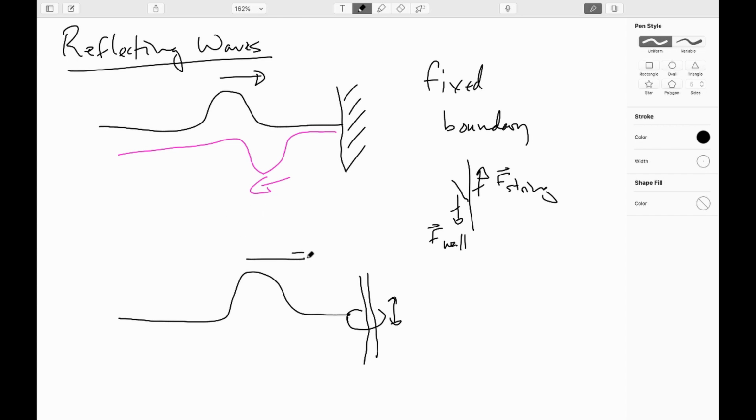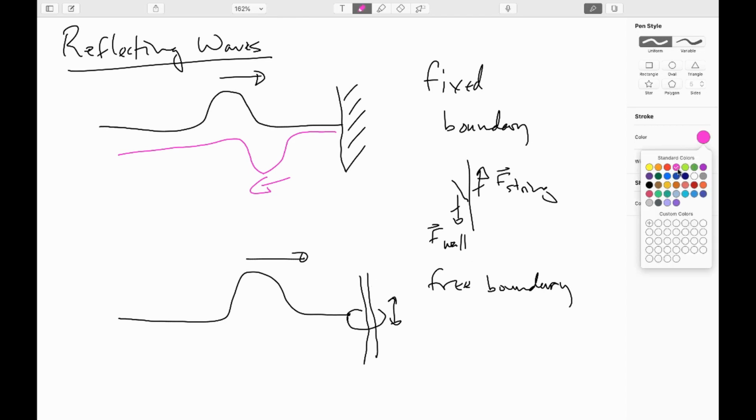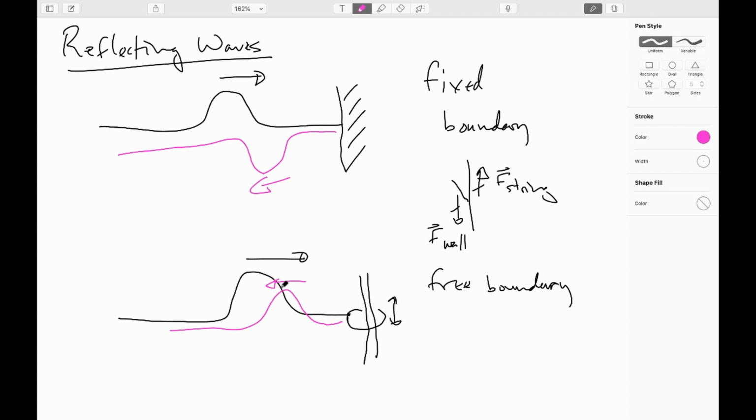Then if a wave is coming in, what will happen is we'll just be moving this up, and then it'll be the same difference as if we were snapping a new wave right side up. So the reflected wave will come back out right side up the same way it came in.